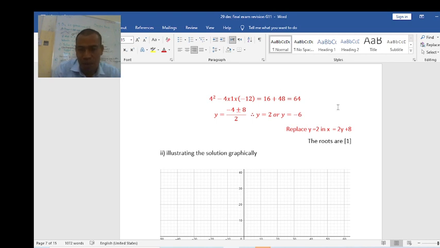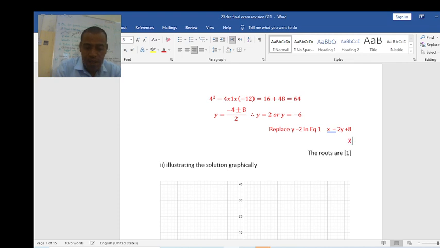We said to replace y equals 2 in the first equation, in equation number 1. So we'll get x equals 2 multiplied by 2, which is 4, plus 8 is 12.